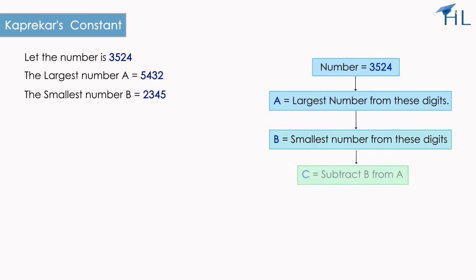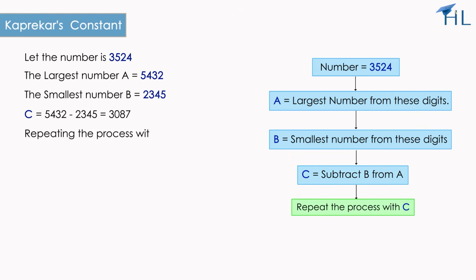Step 4. C is 5432 minus 2345, which is equal to 3087. Step 5. Now repeat the process with 3087.